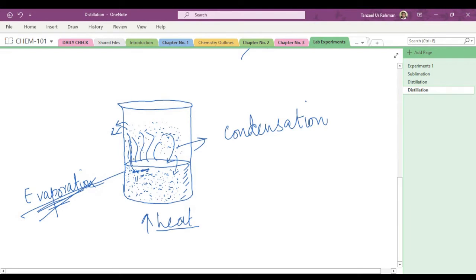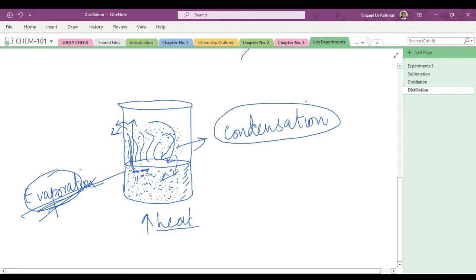Okay friends, after some time, evaporation process becomes equal to the condensation process. It means number of molecules changing to gaseous state becomes equal to the number of molecules converting to liquid state.